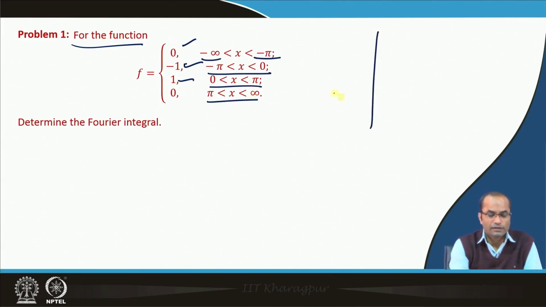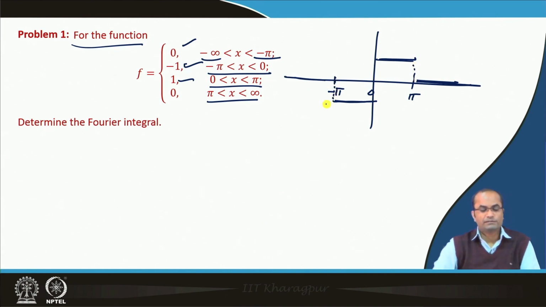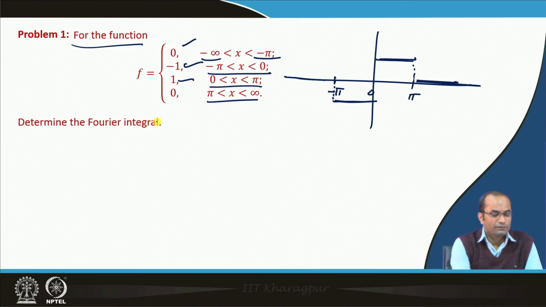So, the function is 0 up to minus pi, then minus 1 from minus pi to 0, and then 1 from 0 to pi, and then again 0. We have this piecewise continuous function, and we want to find the Fourier integral representation of this function.